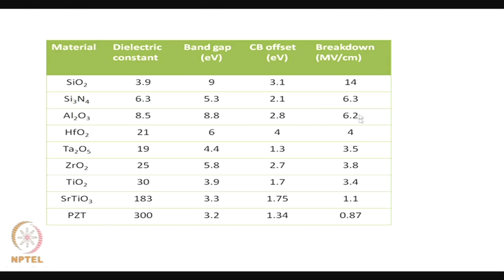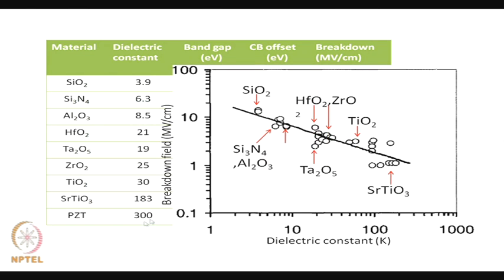So, if we plot the breakdown field in megavolt per centimeter on the y axis and the dielectric constant on the x axis, we can see that as the dielectric constant increases, the breakdown field decreases.